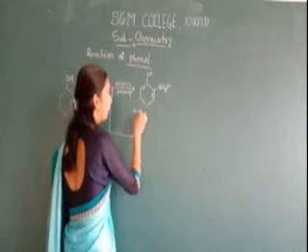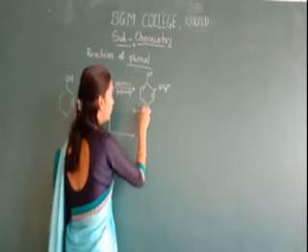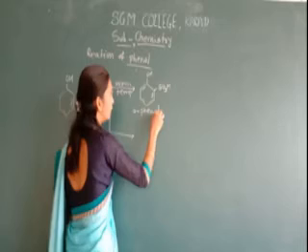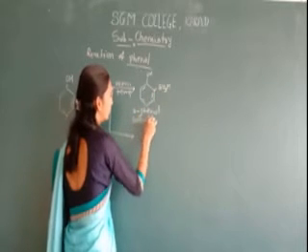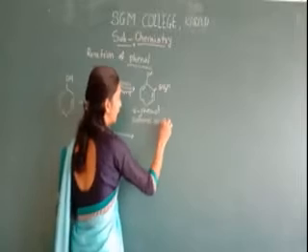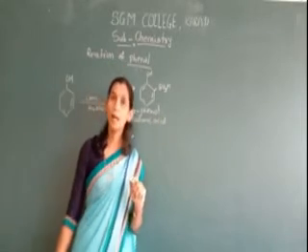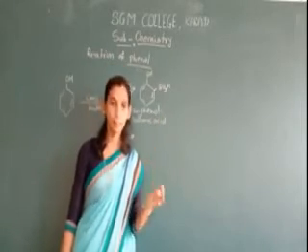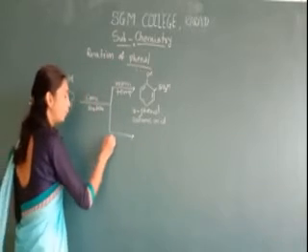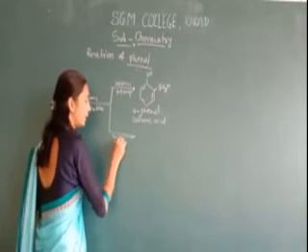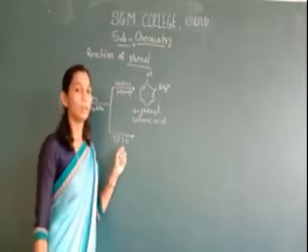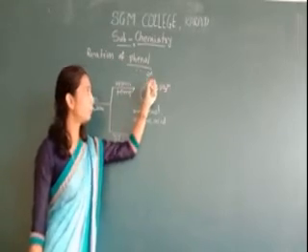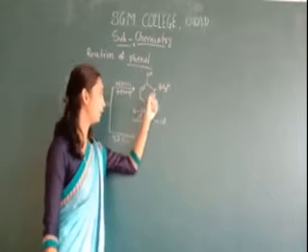So ortho-phenol sulfonic acid is produced. But if we increase the temperature up to 373 Kelvin, then the position of the attachment changes.